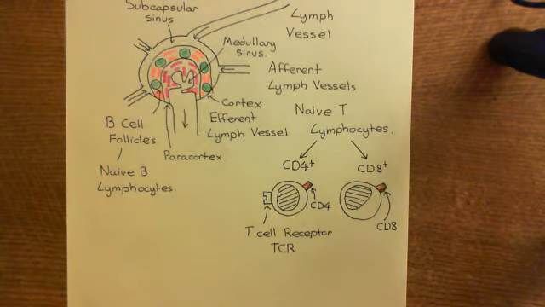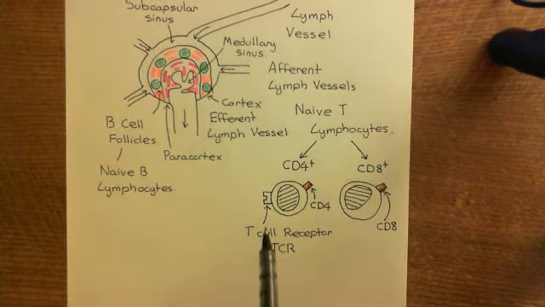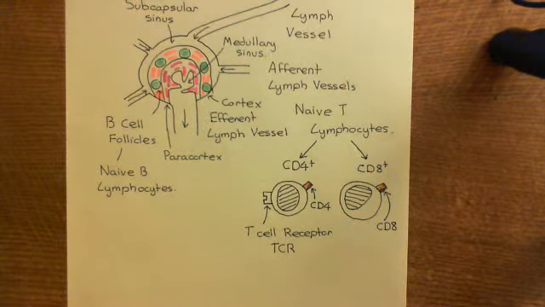Now, what they need to do is they need to find a CD4 positive naive T cell which has a perfect T cell receptor, a T cell receptor that is made for this antigen fragment that the professional antigen presenting cell is now presenting.